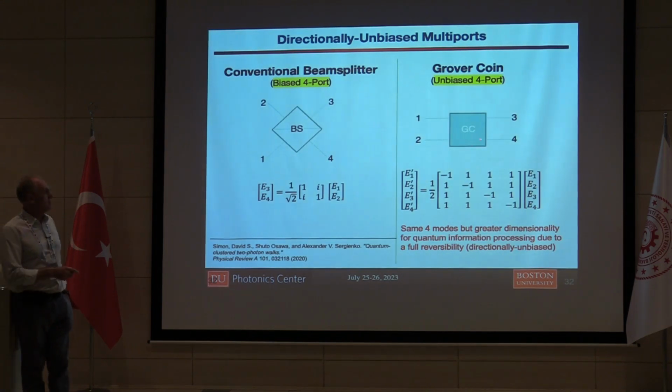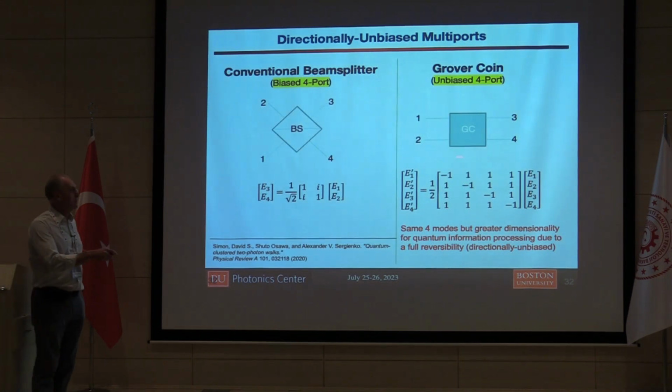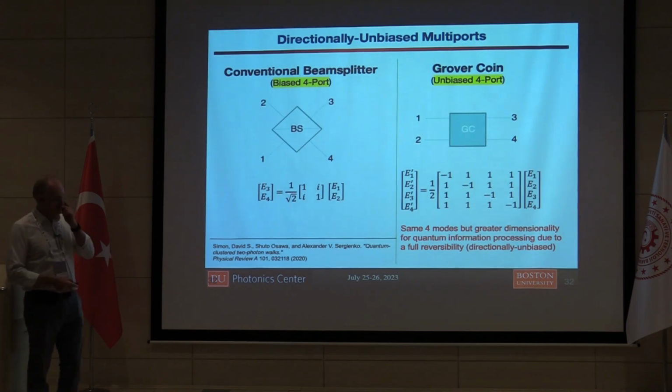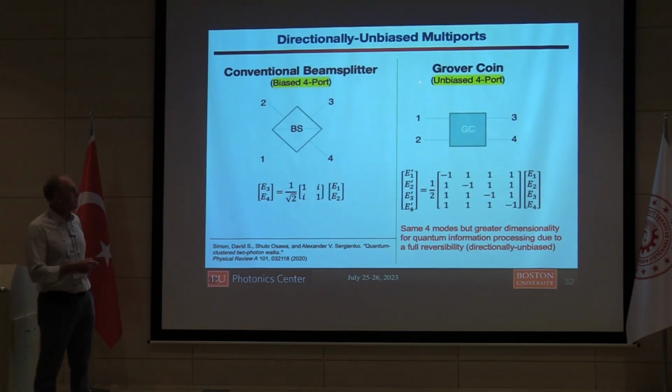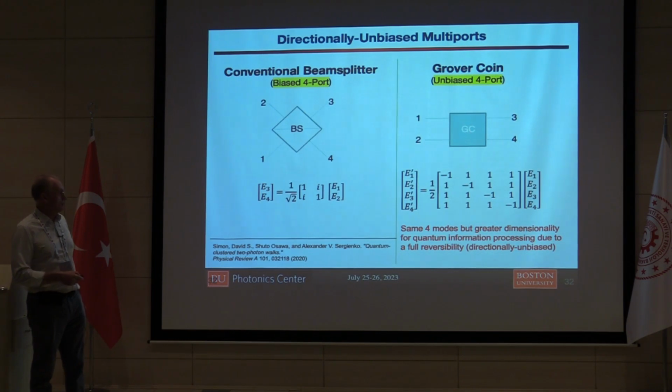So basically this device should be able to take any field to any other field. So you come from 1, you can go to 2, 3, 4, or backwards to 1. Reverse. And the same symmetrically for everything. And that's exactly the whole idea, to have a directionally unbiased 4-port.